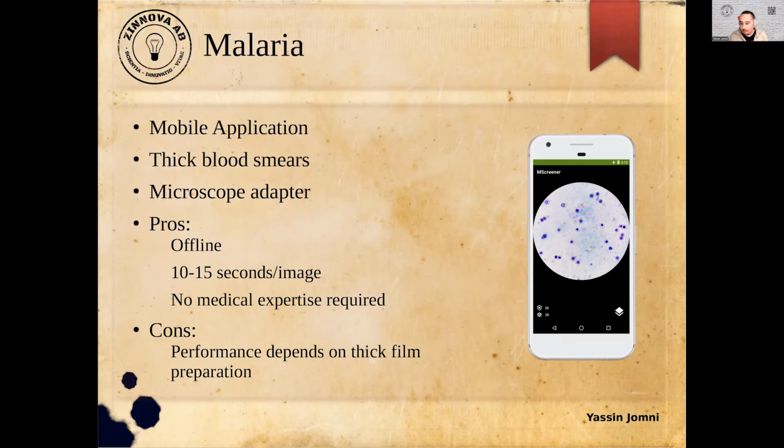So the cons of this is that different people prepare these samples in different ways, so the variation between the images is huge. And in some places they use contaminated water, or water that is not so clean.